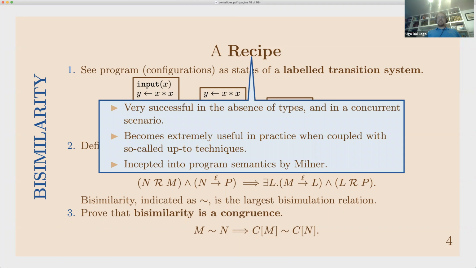This is very successful not only for typed and, let's say, functional programming languages, but also in the presence of concurrency, as we all know. And it is, let's say, the standard, the reference notion of equivalence for things like process algebras.